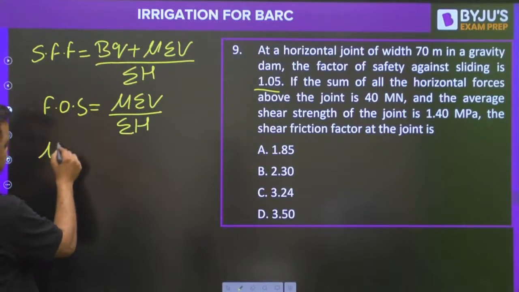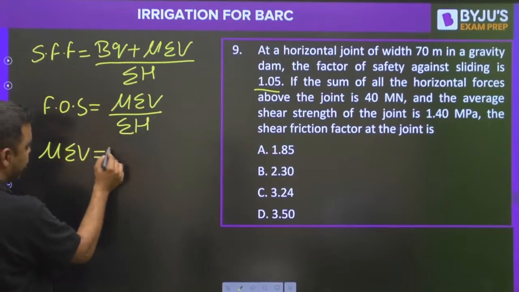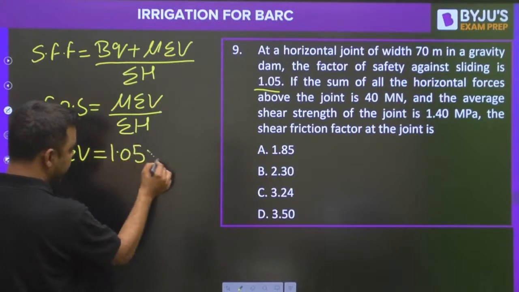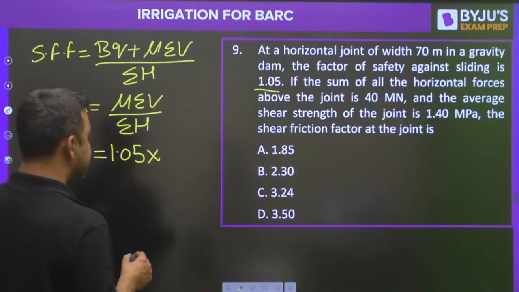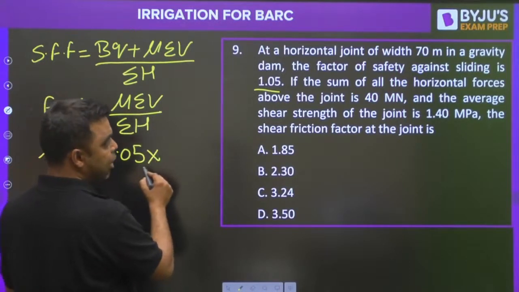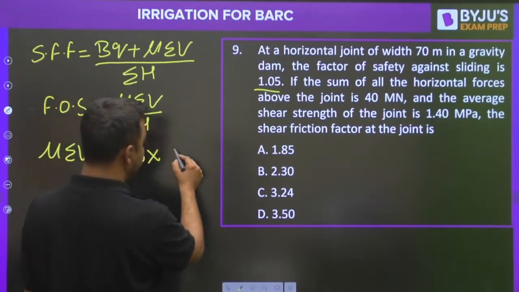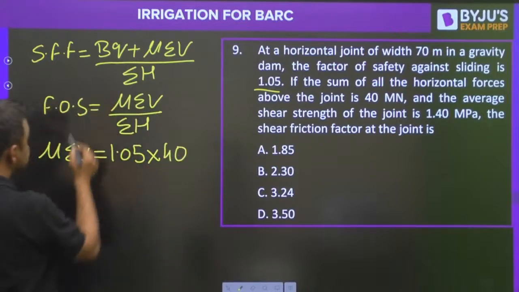So mu summation V is equal to 1.05 into summation H, and summation H, the horizontal forces, is 40.